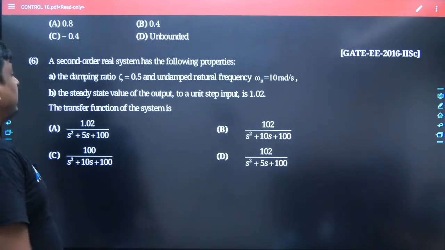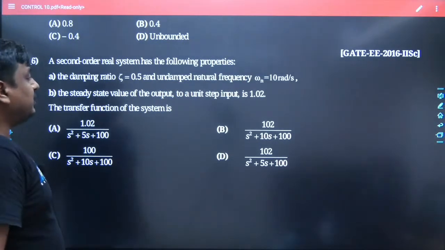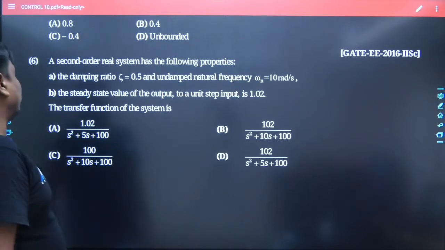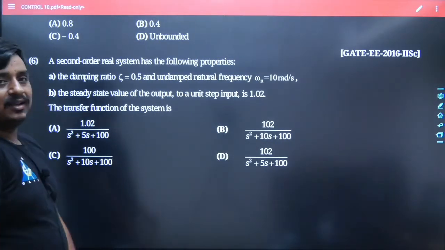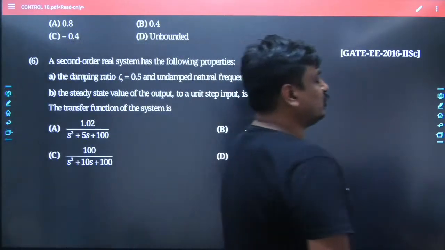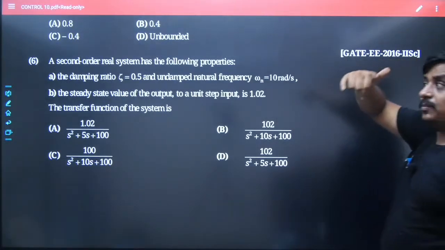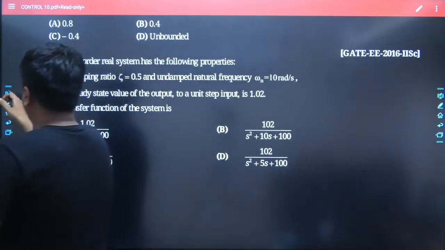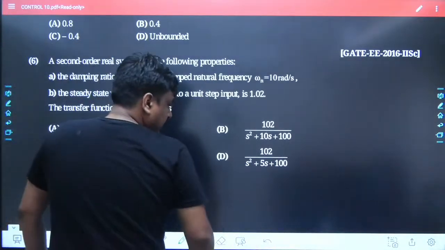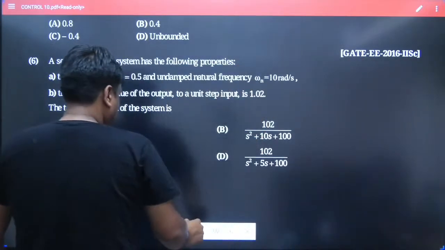The steady state value of the output to a unit step input is 1.02. The transfer function of the system is being. This problem had been asked to the electrical people in GATE 2016. The problem was framed by IISc Bangalore. So let me briefly bring this problem towards the working board.